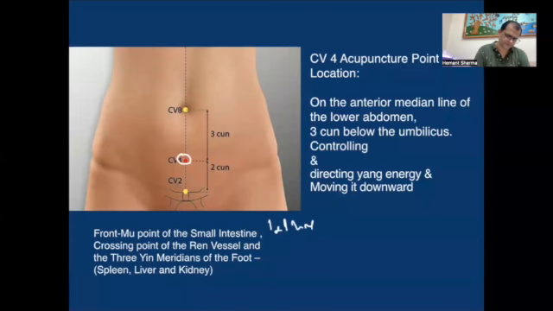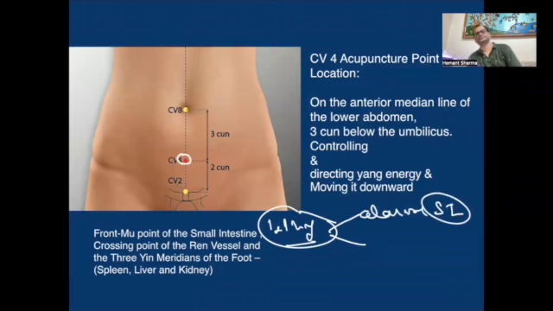Why? Because of two purposes. In the TCM, it has been explained, it is a good point for two purposes. Number one purpose. CB4 is the alarm point of the small intestine.